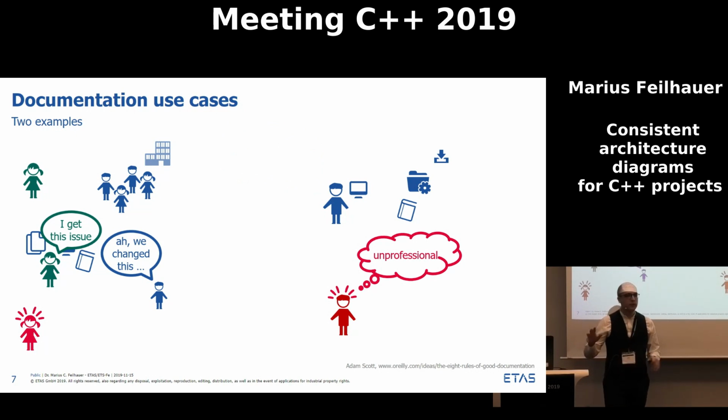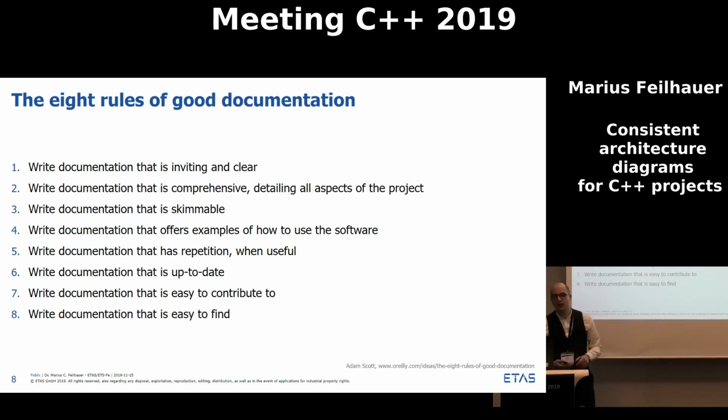And I think these two use cases underline the necessity of having up-to-date documentation, and also documentation that's intuitive to read and fast to understand. Adam Scott also points out eight rules of good documentation. I shortly listed them here. Try to write inviting and clear.